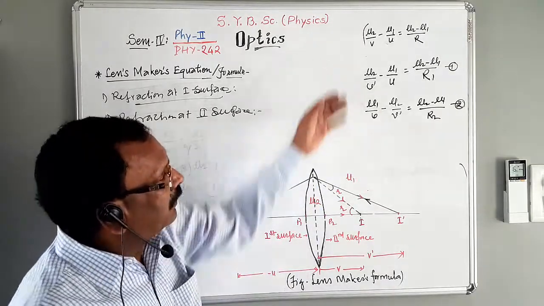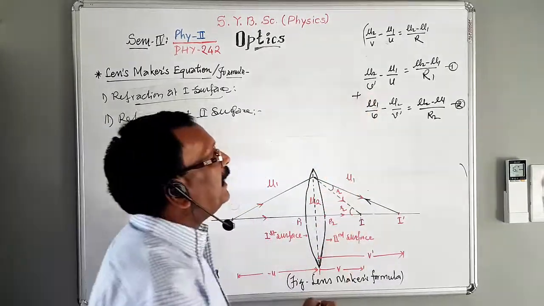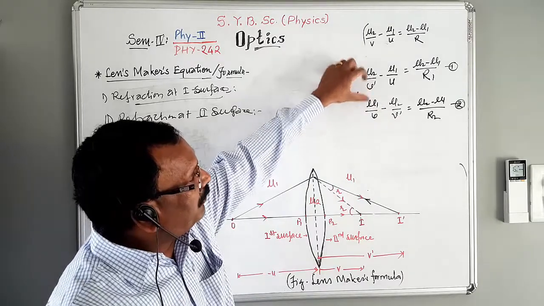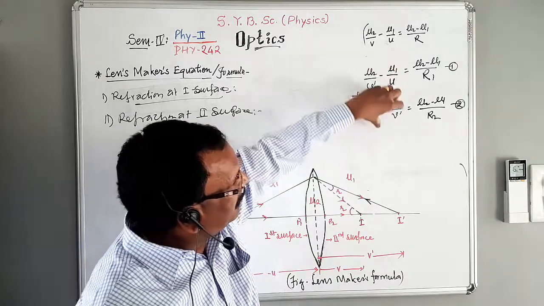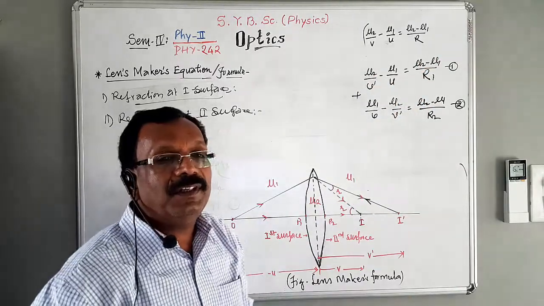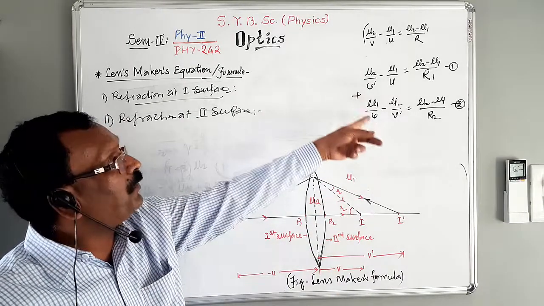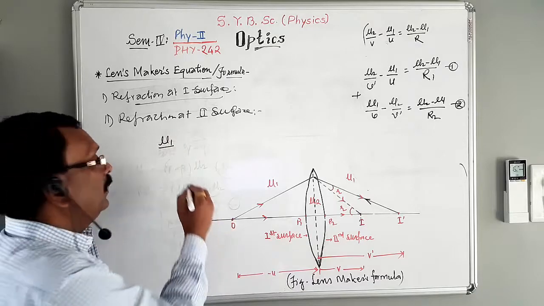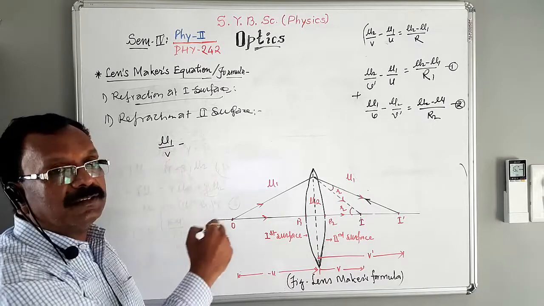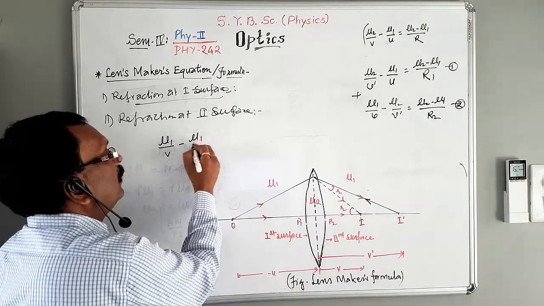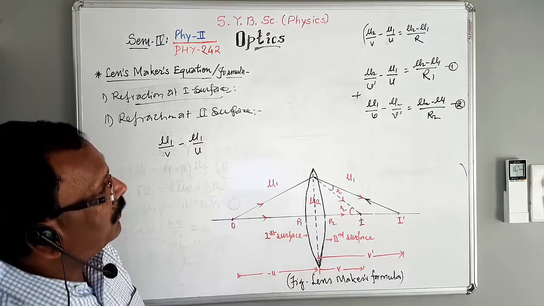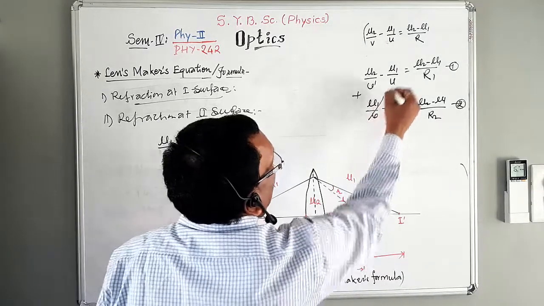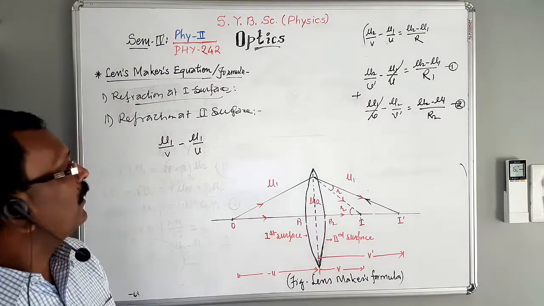Now simply add these two equations. Add this term with this term, and this term with this term. By adding, we have mu1 upon v minus mu1 upon u, because the mu2 upon v prime terms cancel each other.